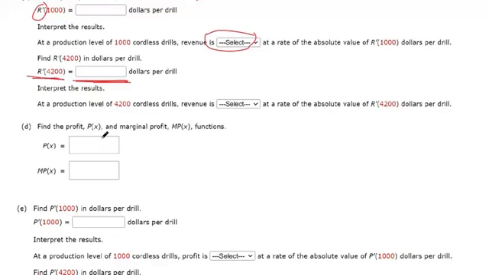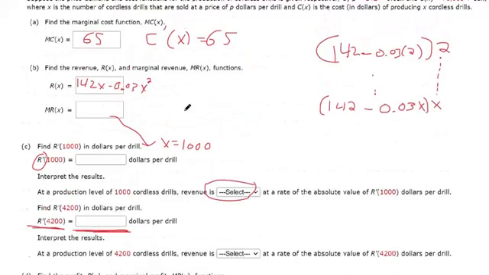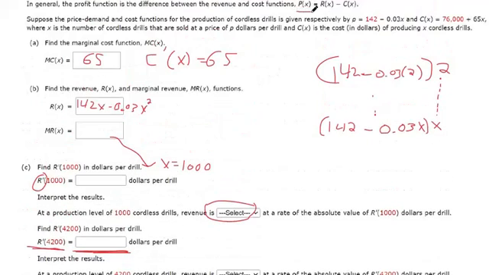Find the profit and the marginal profit. That comes from up here. Profit is found by taking the revenue, the amount of money you bring in for your business, subtracted by the cost of the business. We have our revenue function here, and our cost function is given here.